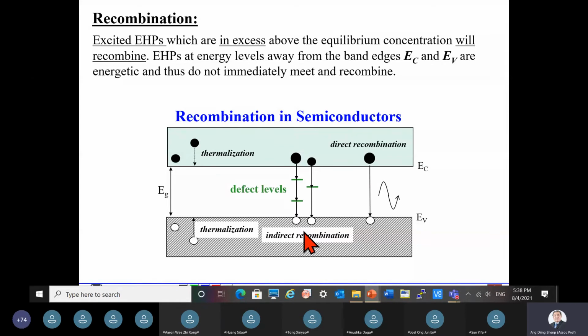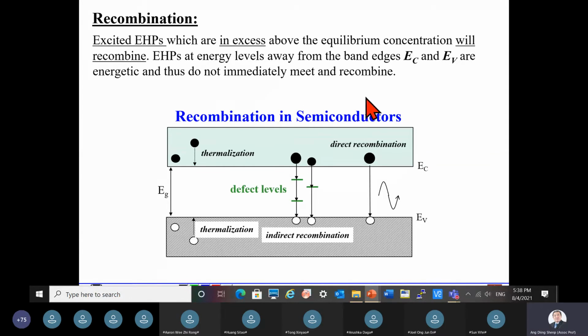Now, there are different ways by which recombination can happen. If an electron directly falls from the conduction band to the empty energy state in the valence band, it's called direct recombination.